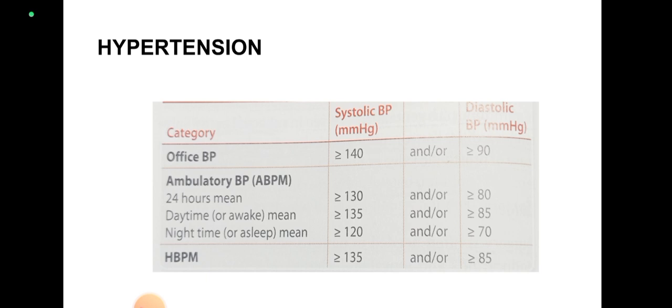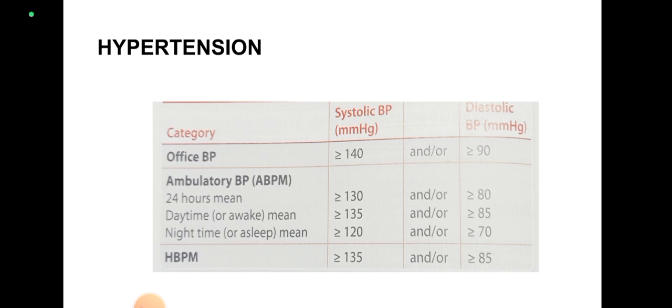It is truly a reflection of BP. So the 24-hour mean should be more than 130 for systolic and more than 80 for diastolic. Daytime or awake mean should be more than 135 mmHg systolic, and for diastolic it should be more than 85. For nighttime mean it should be more than 120 for systolic and more than 70 for diastolic.